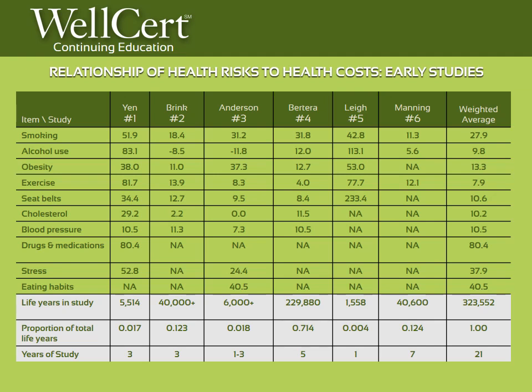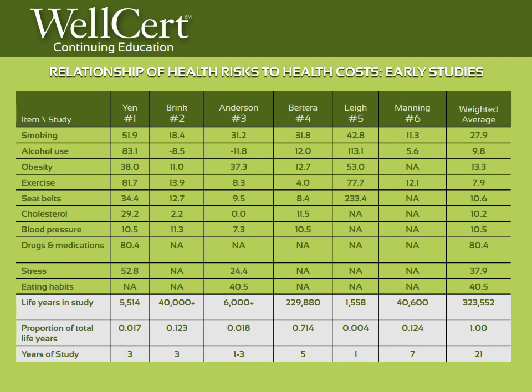The proportion that each of the study represents was then used to weigh the average percentage that showed up in each of the studies. And when you do a weighted average, you're going to get more weight given to the larger studies. And that, in fact, produced a 27.9% average to the smoking behavior. So that's how you would interpret this.